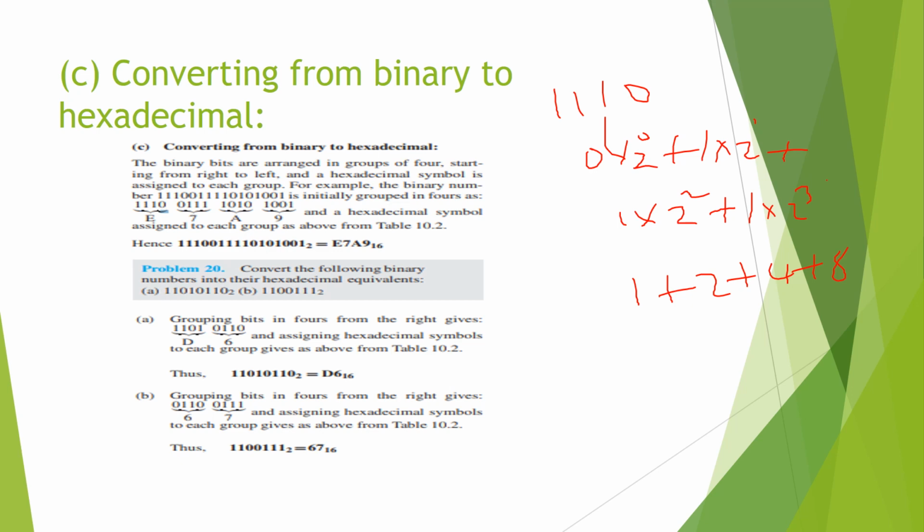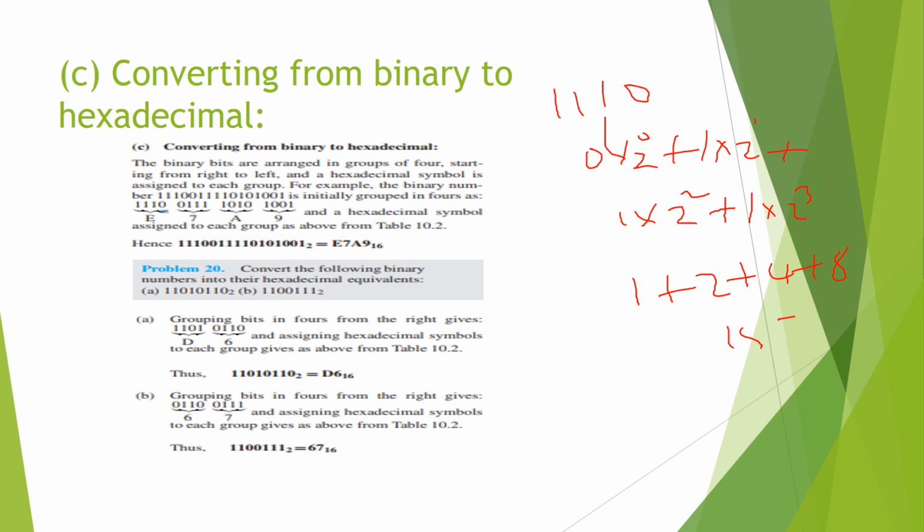So what does this give us? It gives us 14.